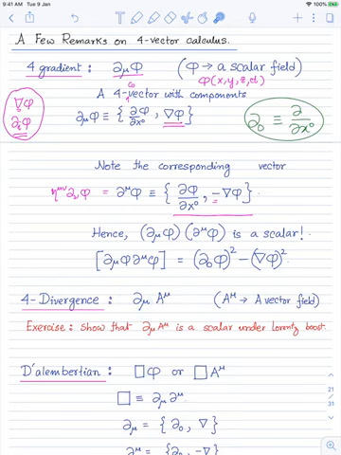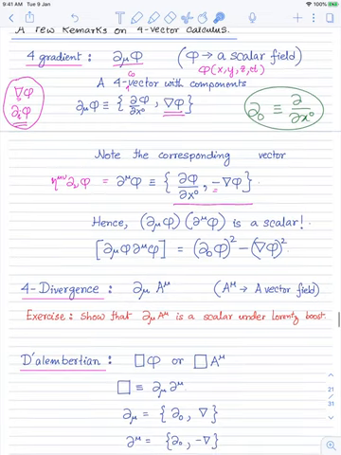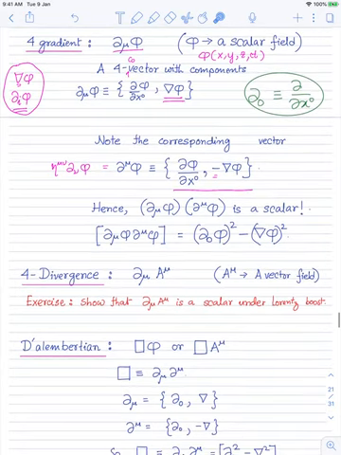You can check again that this is going to be a scalar, and this object is called the 4-divergence of the 4-vector field A mu. So this is the definition. It's just a generalization of the idea of the 3-divergence.